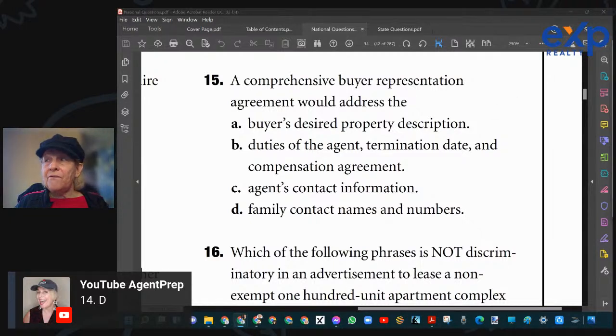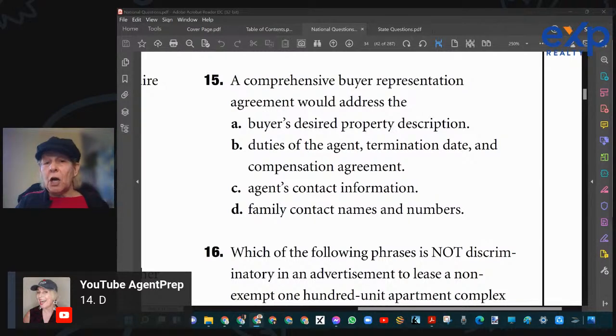So far, I've got 15B. Awesome. Everybody doing awesome. Yes, the answer is 15B, right? A buyer's representation agreement is going to outline what is expected from the broker and the buyer.